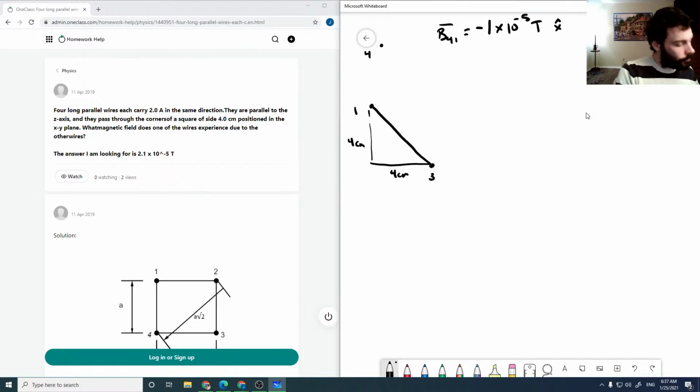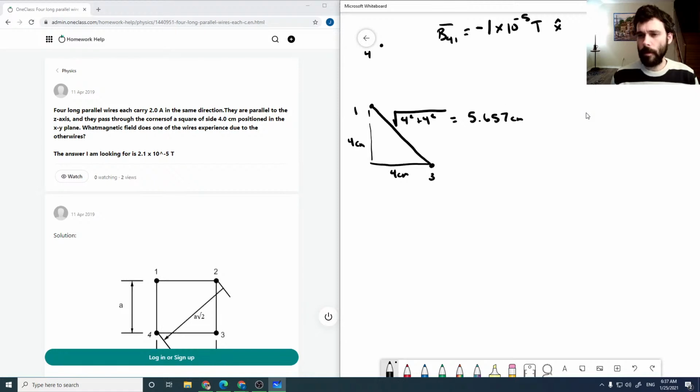So our r here is the square root of 4 squared plus 4 squared, which comes out to 5.657 centimeters, or 0.05657 meters.